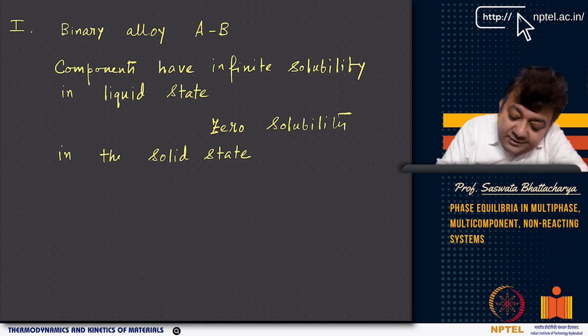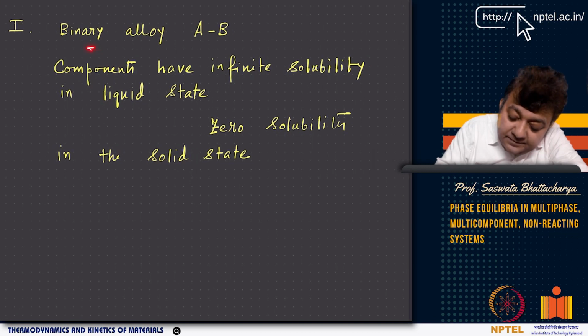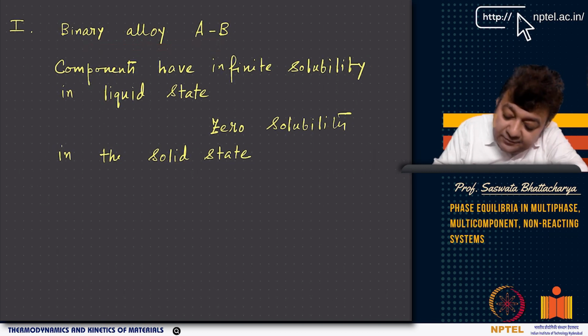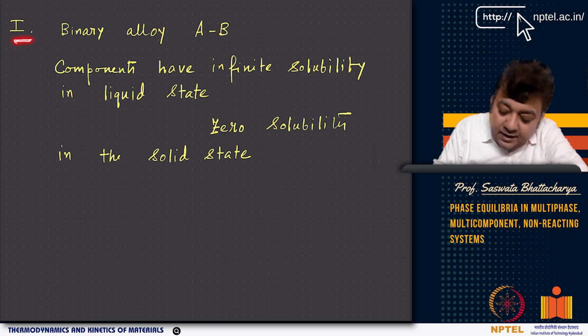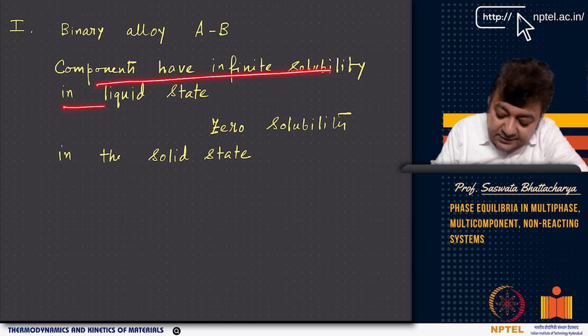So you have this binary alloy AB, and we call this type 1. In this type of phase diagram, the components have infinite solubility in the liquid state but zero solubility in the solid state.